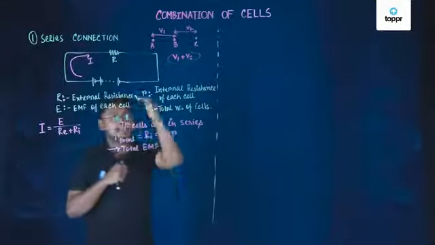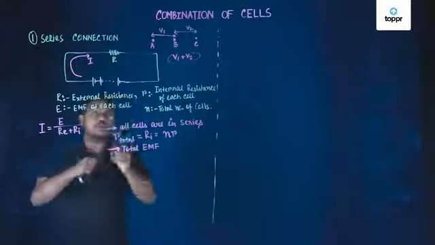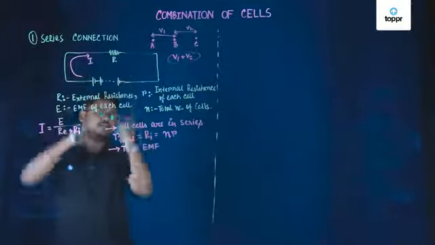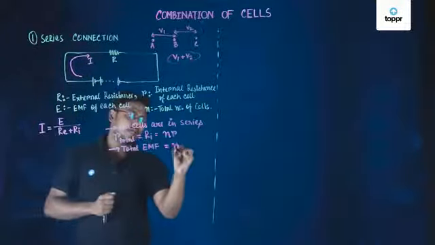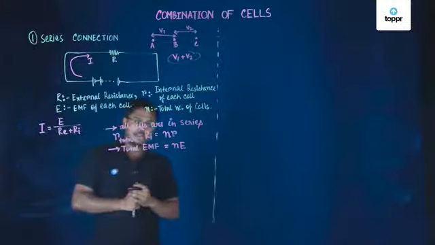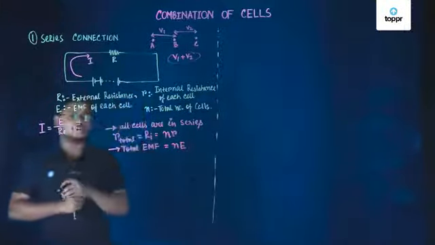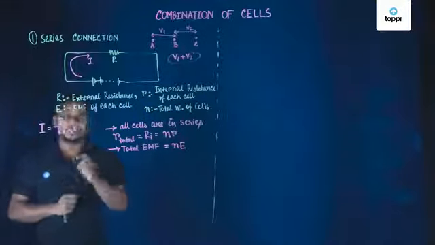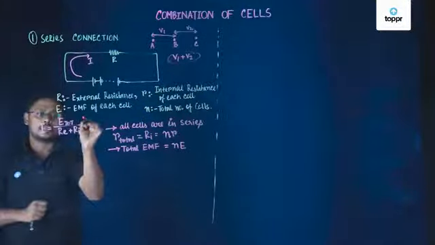On the same logic, the total potential difference, or the total EMF, will be n times E, as there are n number of cells. So we have all the values required for the expression.